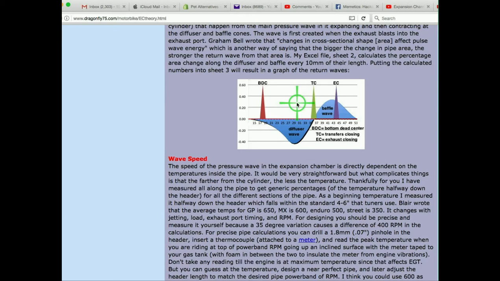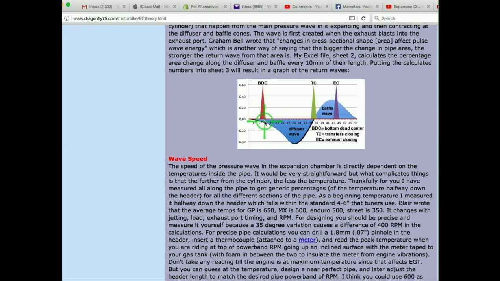And so it's going to want to suck that intake charge back down from the upper cylinder into the crankcase. And that's the purpose of the diffuser wave, to put a suction in the upper cylinder to match the suction in the crankcase. And if you don't match that, the suction in the crankcase is going to pull that charge down into the crankcase.